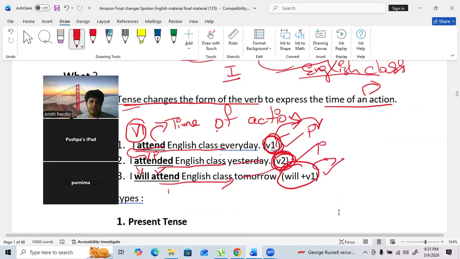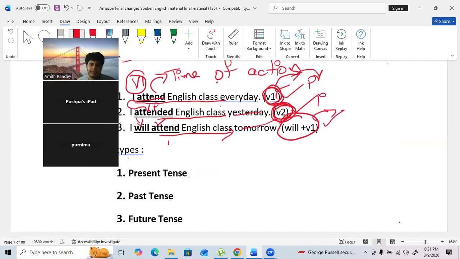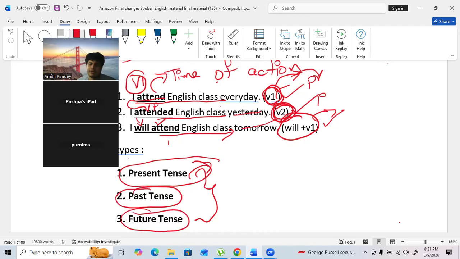Now, let's go through the tenses. It is divided into three parts: present, past, and future. The reason is that according to our necessity, most of the time we either talk about the present, or the past, or the future. In simple terms related to engineers, let's talk in their terms.